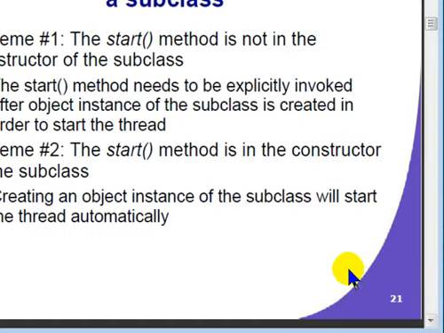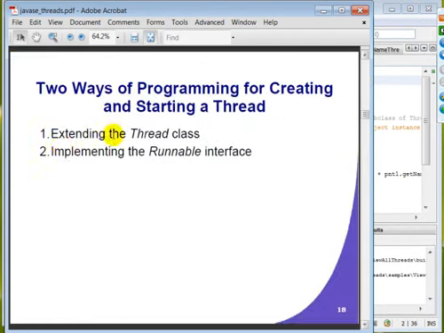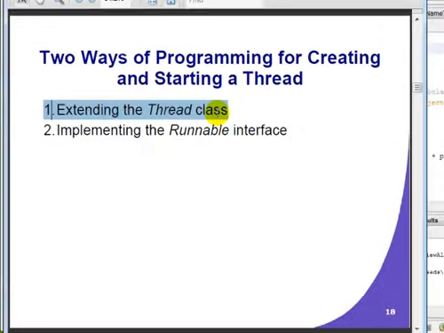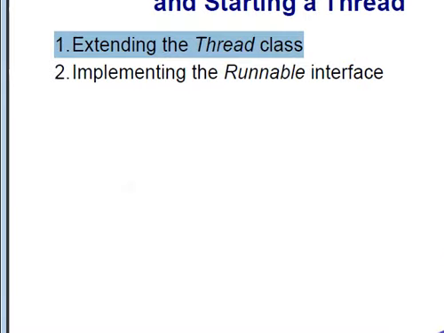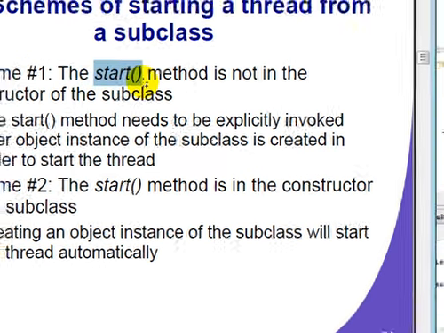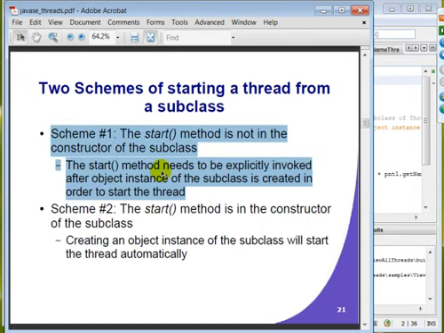Oh, by the way, as I said before, we have two different ways, right? In the first way, we have two different schemes, okay? So for extending the Thread class, we have two different schemes for starting a thread from a subclass. Scheme number one is that the start method is not in the constructor of the subclass, and this is typically the example code that you probably have seen.